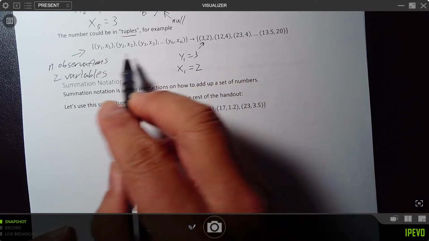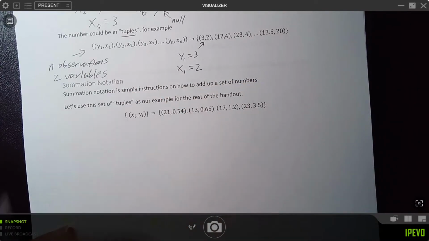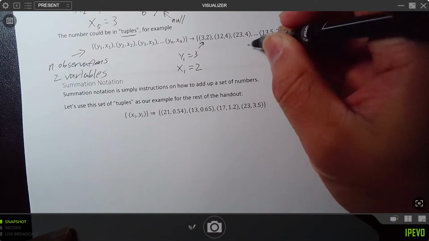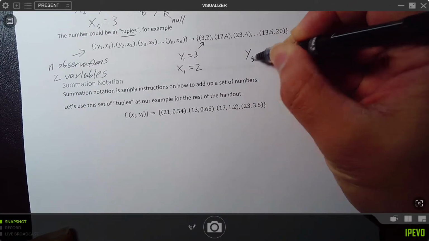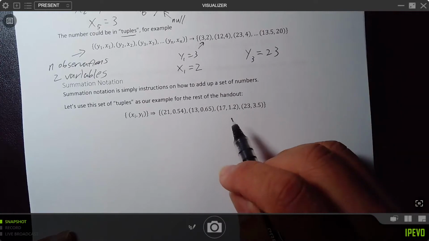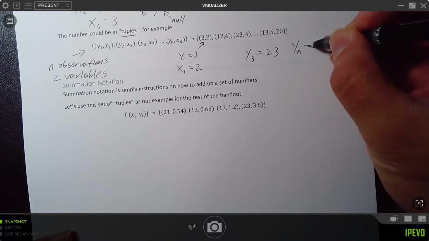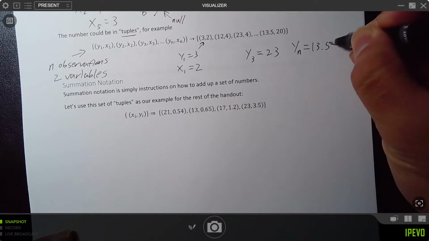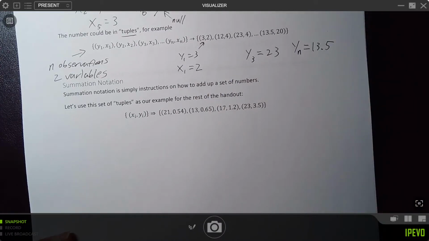Then you would just infer the order from the previous notation. If I want to know what y3 is, y3 would be 23. And y sub n, this is the last one. y sub n will be 13.5. This is the last observation of y.